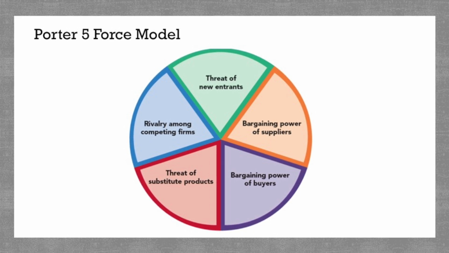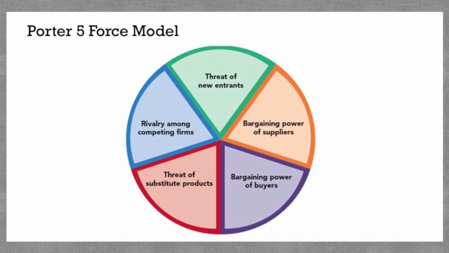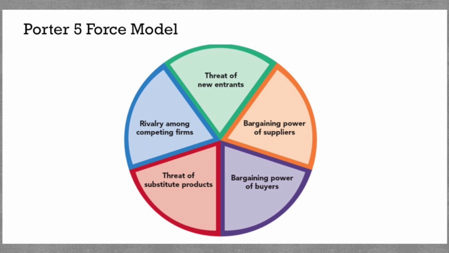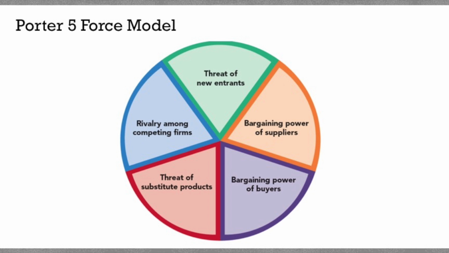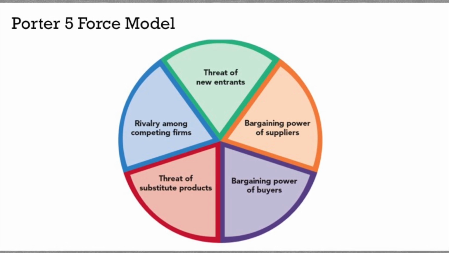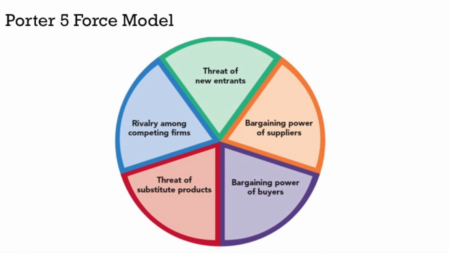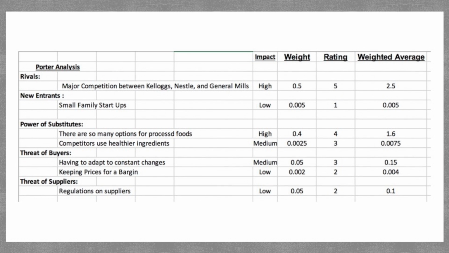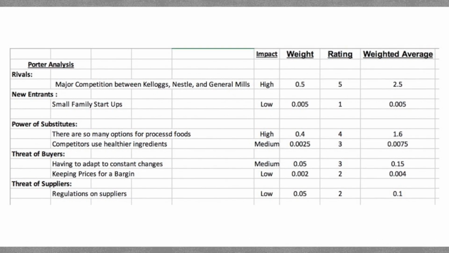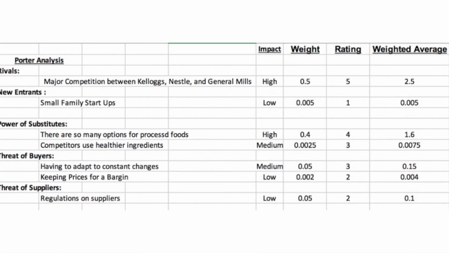When we did our Porter analysis, we did find some of the same things regarding our impact matrix based on our weights and our rankings, but we did find different factors mentioned in the Porter 5-force model based on the threat of new entrants, bargaining power of suppliers, bargaining power of buyers, threats of substitute products, rivalry among competing firms. Upon the completion of our Porter analysis, the largest impact areas for us were the large amounts of substitutes for packaged foods and the big competition from our competitors such as Kellogg's and Nestle.